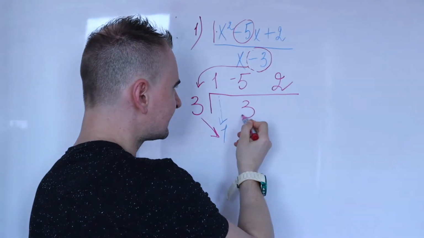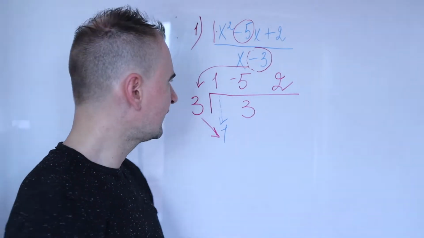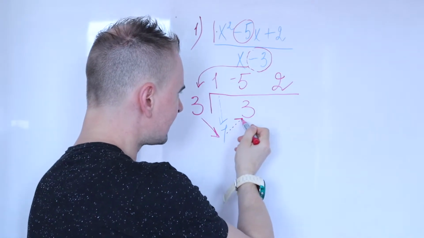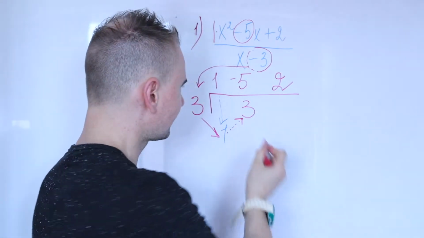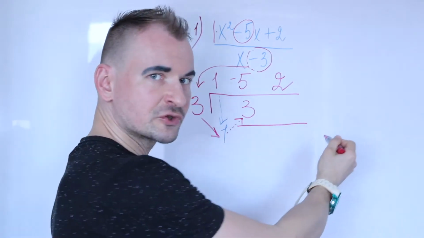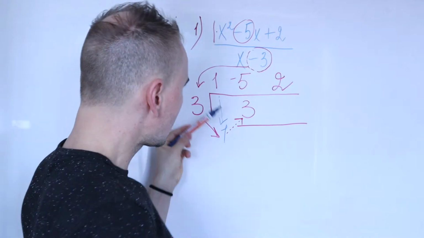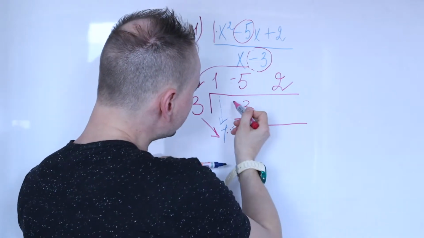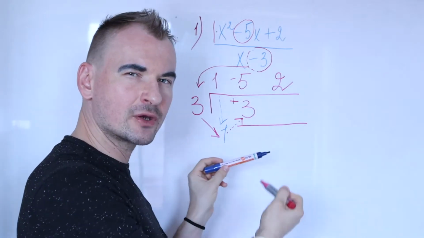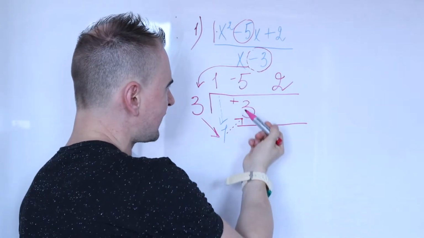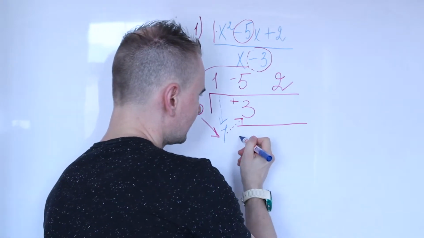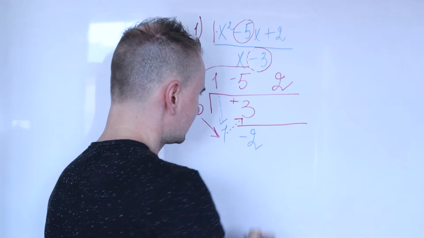You are going to place it here. I'm going to draw a line, and the next step I'm going to add these two numbers vertically. So minus 5 plus 3 gives you negative 2.